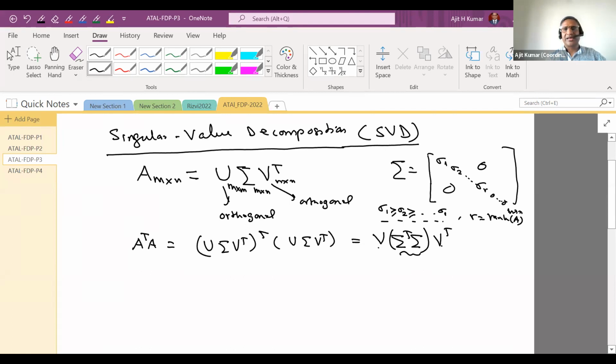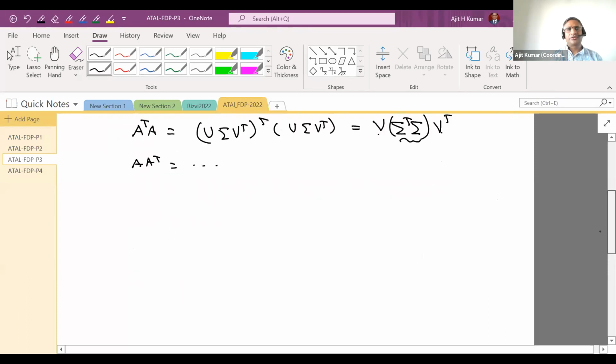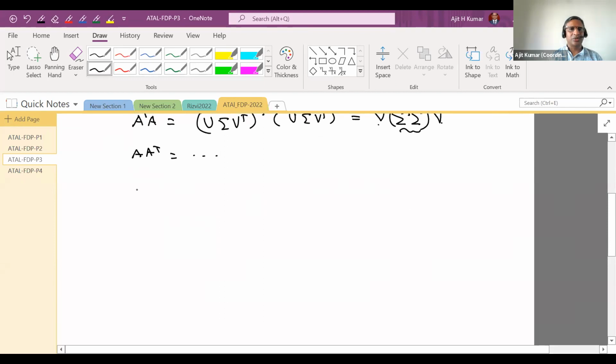So it also means that you can find these sigmas by finding eigenvalues and eigenvectors of A transpose A. Similarly, you can do A A transpose. You can do this calculation.